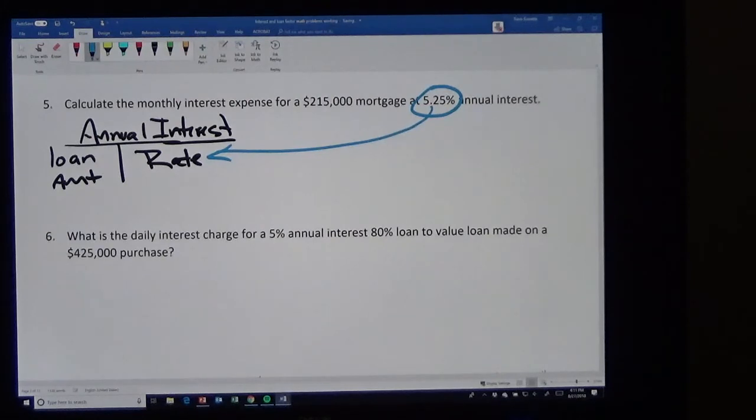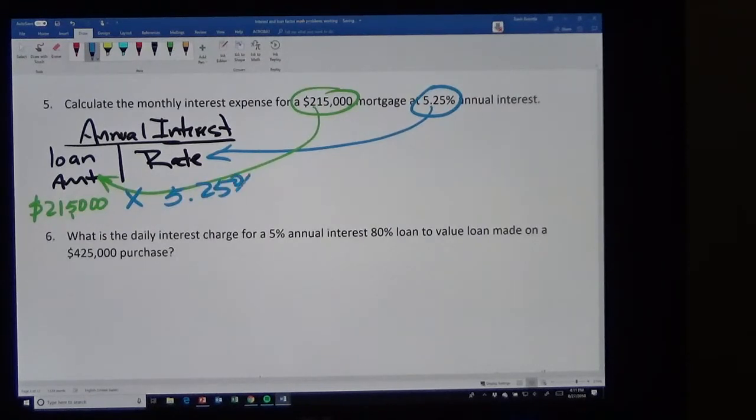They also gave us the loan amount. So if we bring those things down, that's $215,000 times our interest rate of 5.25%.